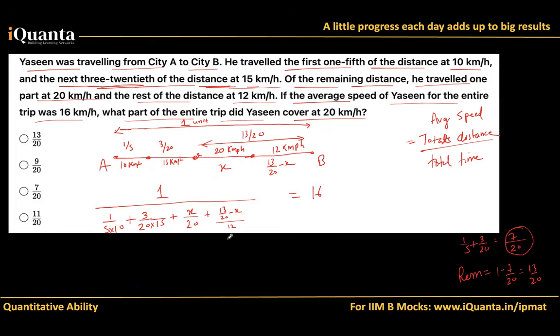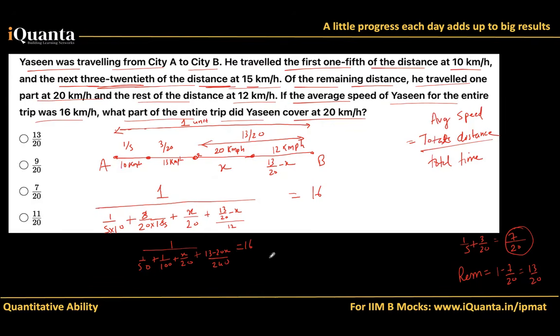So now it's an equation that we have to solve. Okay, how to do it? 1 by 50 plus 3 cancels this, so we get 1 by 100, plus x by 20. And then finally, if we take LCM over here, we get 13 minus 20x by 240. Yes or no? And this is equal to 16.